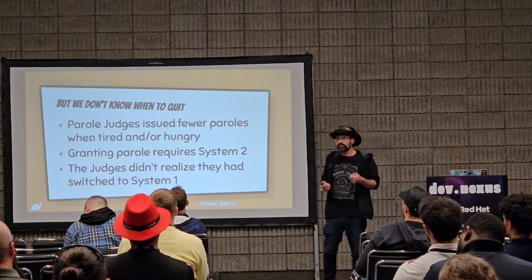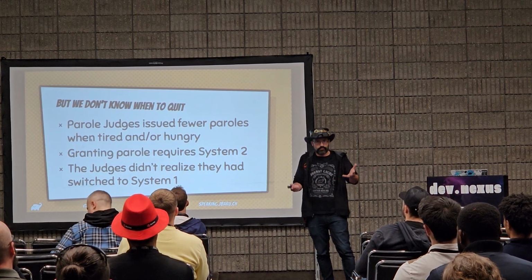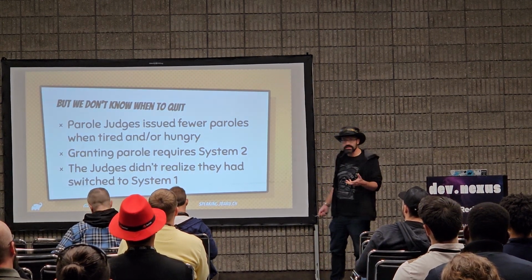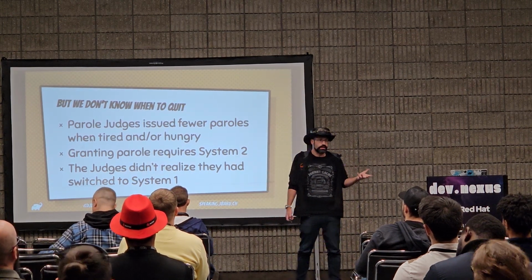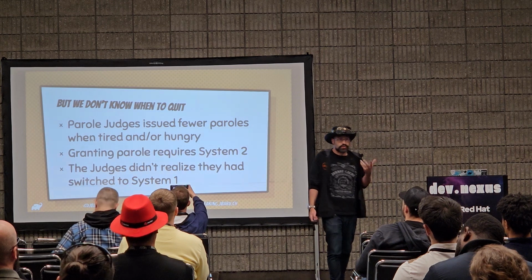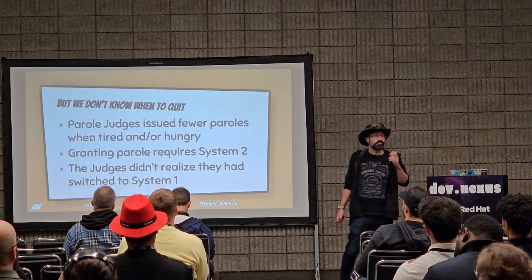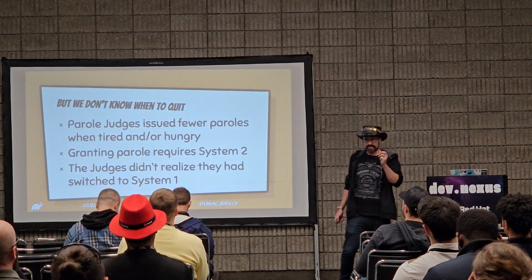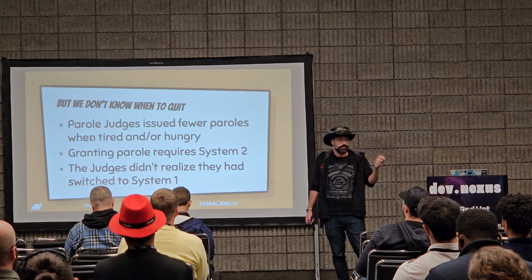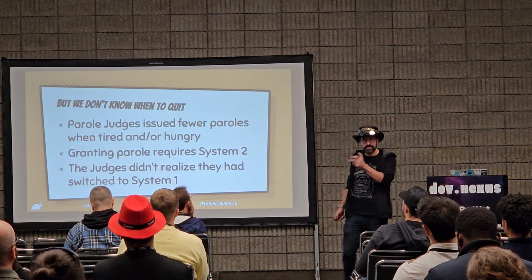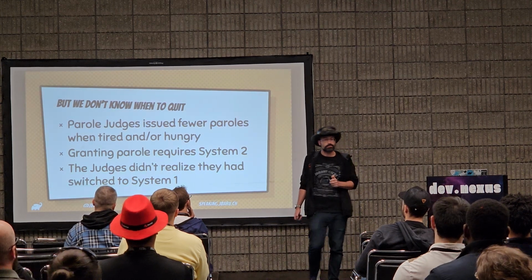They are not trying to do a slack job. So it wasn't on purpose. And obviously, they didn't realize it, because when they would realize it, they would stop it, and they didn't. It's just that before lunch, they switched to system 1, and system 1 is deny parole, like the default setting. At 4 p.m., they're tired, they switch to system 1, and system 1 is deny parole.